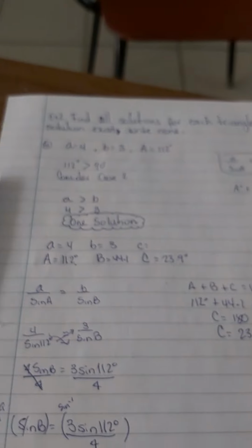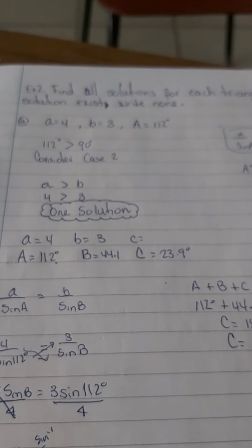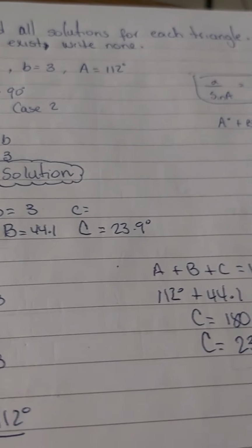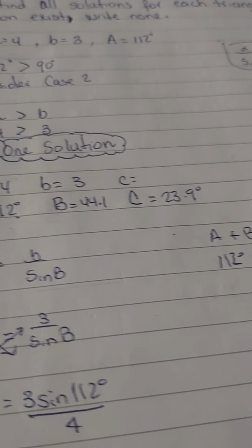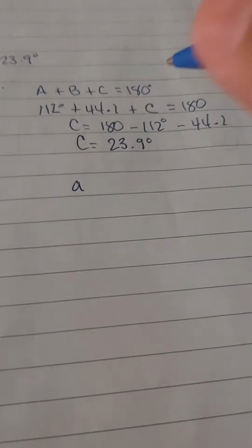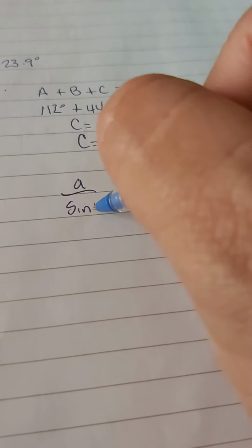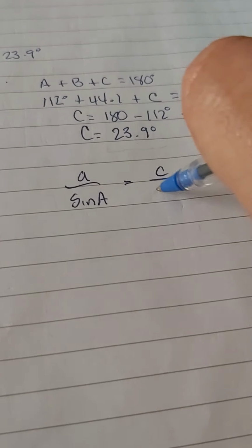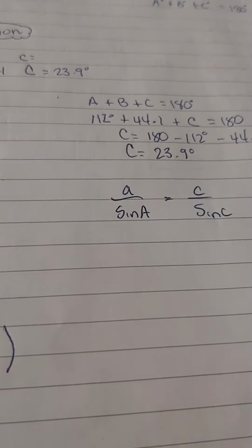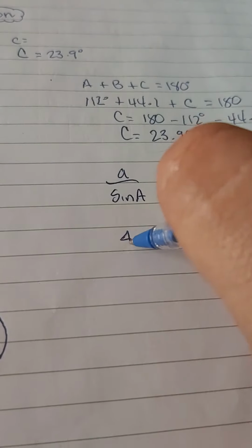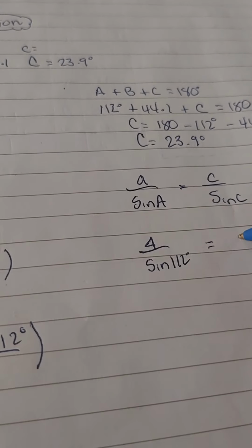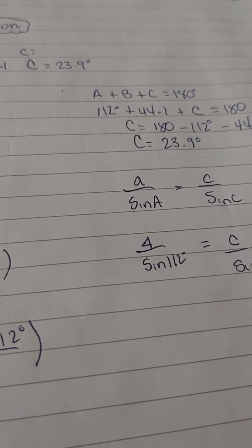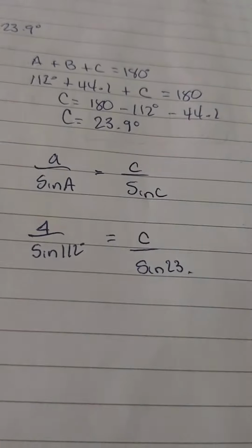So what are we missing now? We're only missing side c. How do we find side c? The law of sines, right? We can use a over sine of A equals c over sine of C. So that would be 4 over sine of 112 equals c over sine of 23.9.